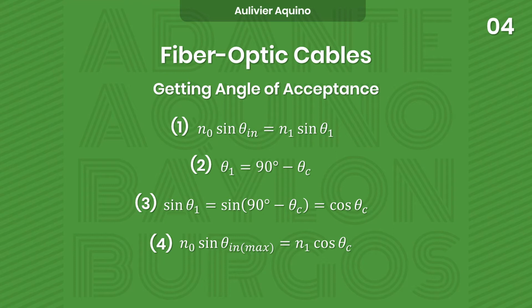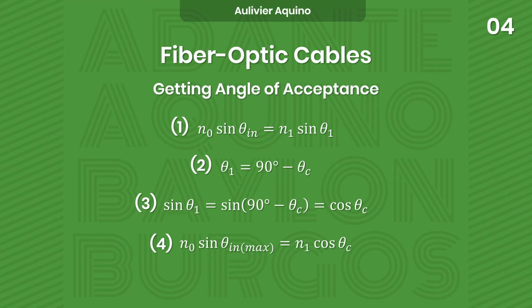Substituting equation 2 in sine theta 1, we get equation 3. Sine theta 1 is equal to sine of 90 minus theta c, which is equal to cosine theta c. Therefore, sine theta 1 is equal to cosine theta c, which can be substituted to equation 1 to get equation 4.